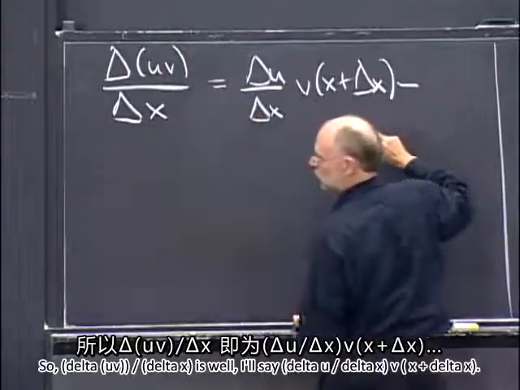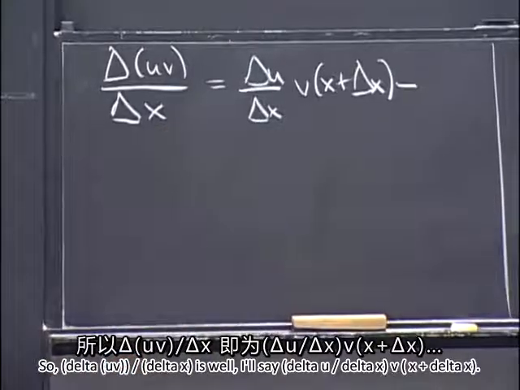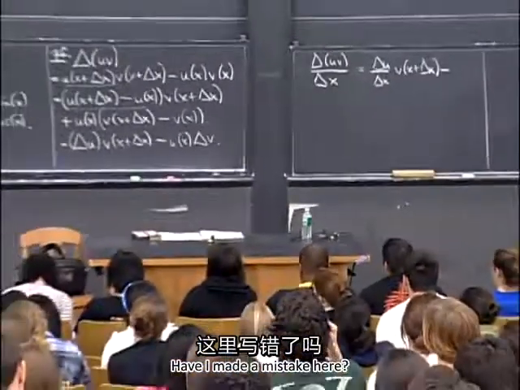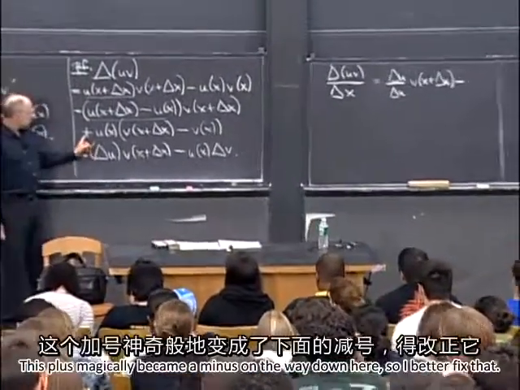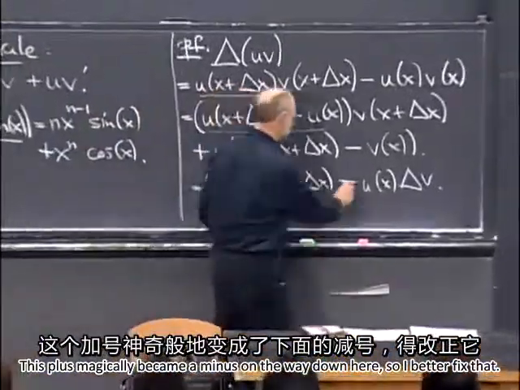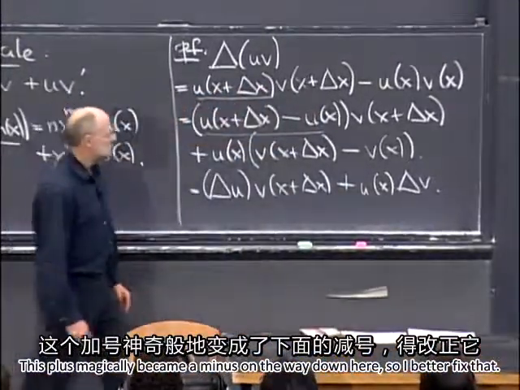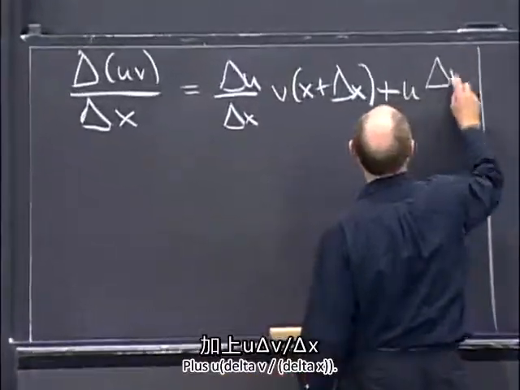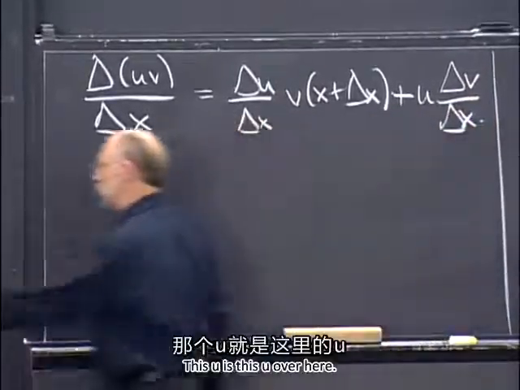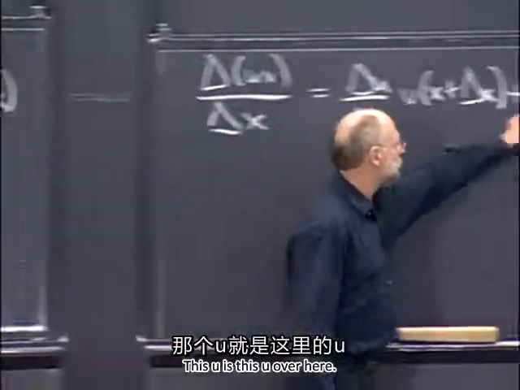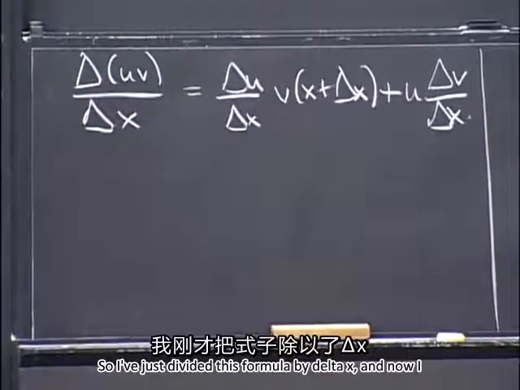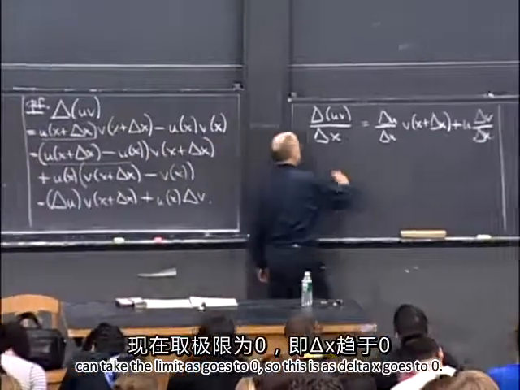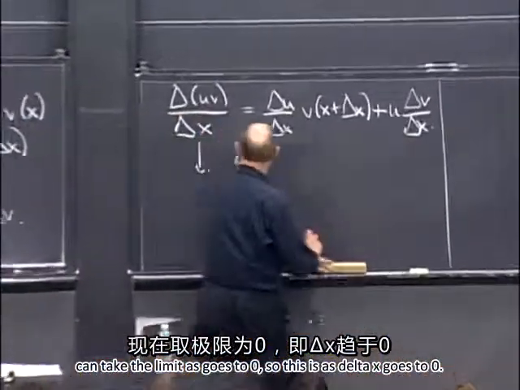Have I made a mistake here? This plus magically became a minus on the way down here, so I'd better fix that. Plus u times delta v over delta x. This u is this u over here. So I've just divided this formula by delta x, and now I can take the limit as delta x goes to 0.